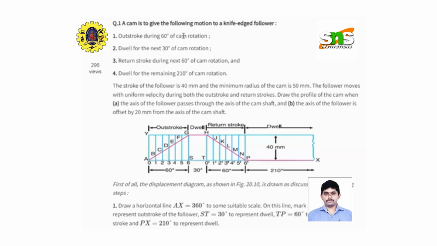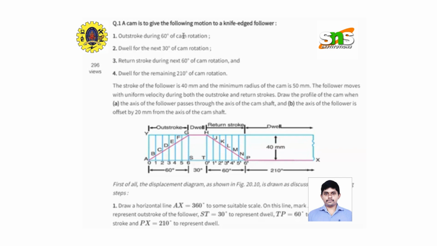The stroke of the follower, meaning the maximum distance traveled by the follower, is 40 mm. The radius of the cam is mentioned as 50 mm, and the follower moves with uniform velocity during both the outstroke and the return stroke. They ask you to draw the profile of the cam for the given conditions.